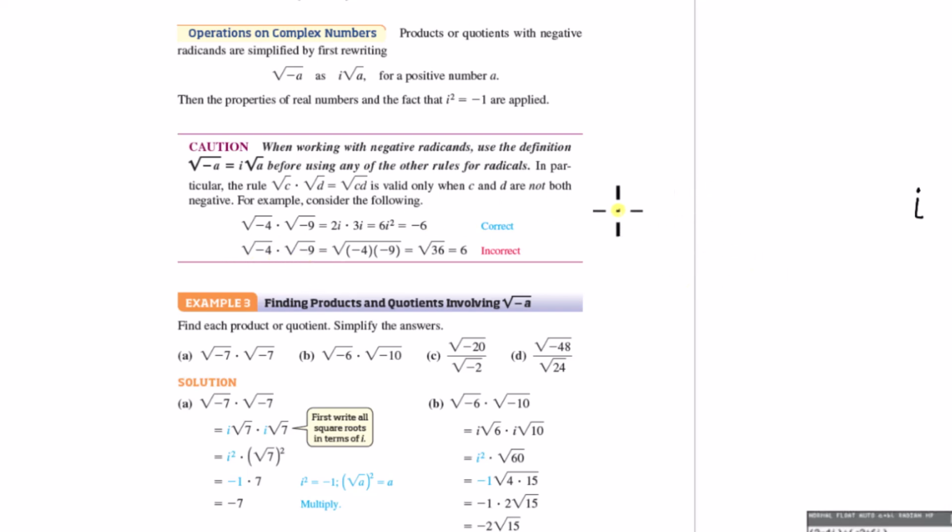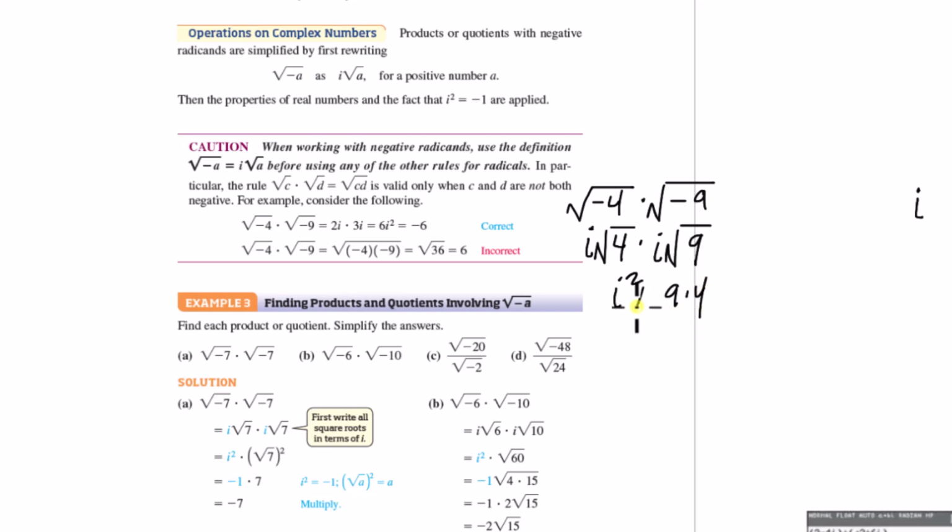So the correct way to do it is, if you've got something like this, then you start by taking the i out for both of these. Now you can operate this like you would anything else in math. So i times i is i squared. You can combine the 9 times 4 like that. So i squared.